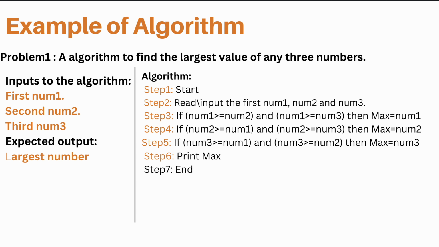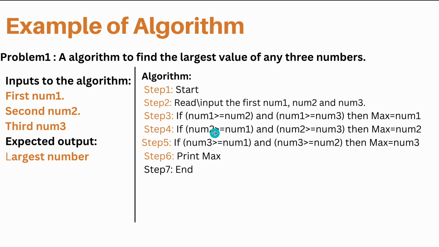Third step is to check if number 1 is greater than number 2 and number 1 is greater than number 3. If this is the condition, it means the largest number is number 1. Then we check if number 2 is greater than number 1 and number 2 is greater than number 3. In this case, which will be the largest number? Number 2, right?